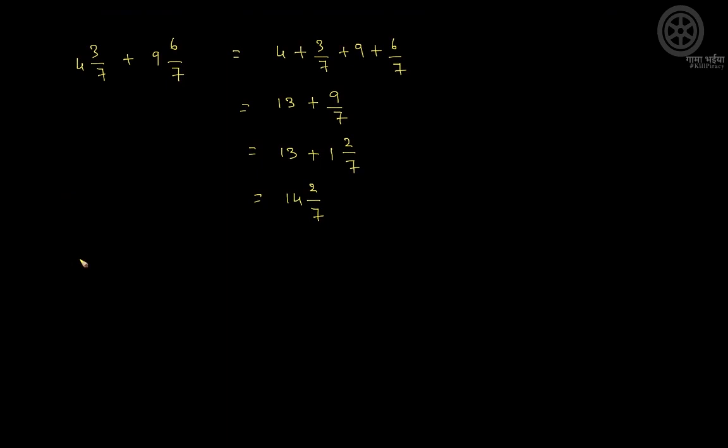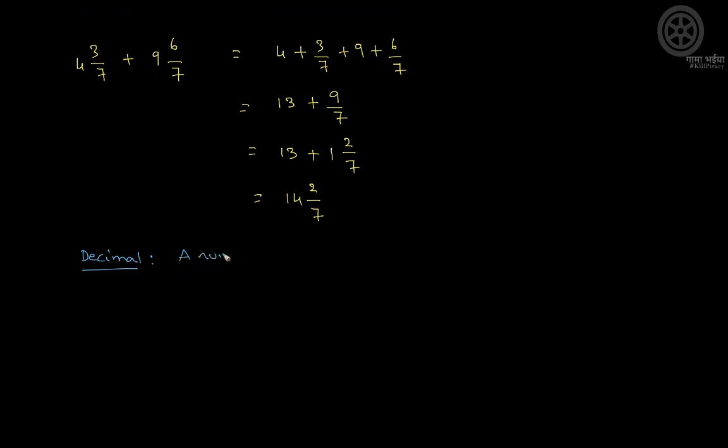Next concept is decimals, right? What is decimals? A decimal number is a number with a decimal point in it.